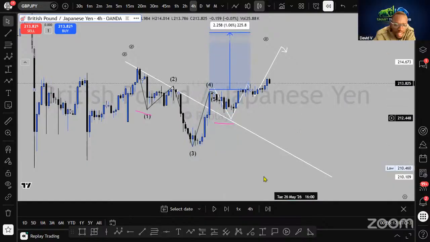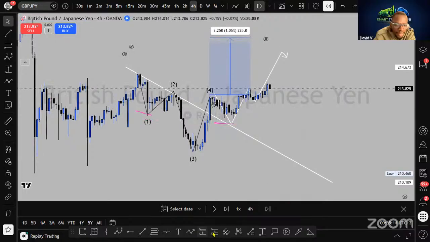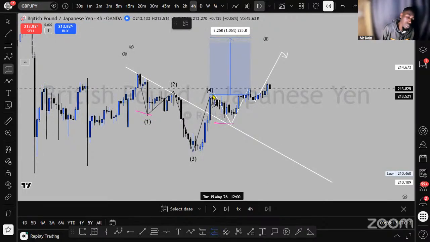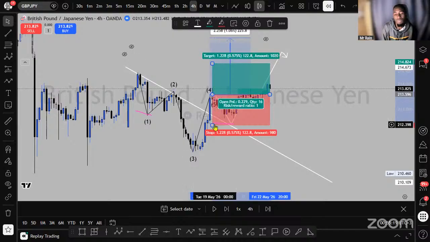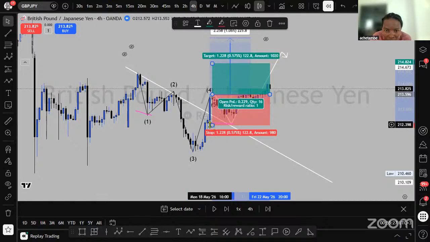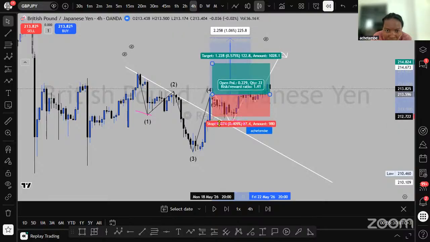So we're expecting this thing to go all the way up. Yeah, so it already did. Niambie stop loss yetu tunaweka wapi? Stop loss tunaweka hapo kwa around. Good.